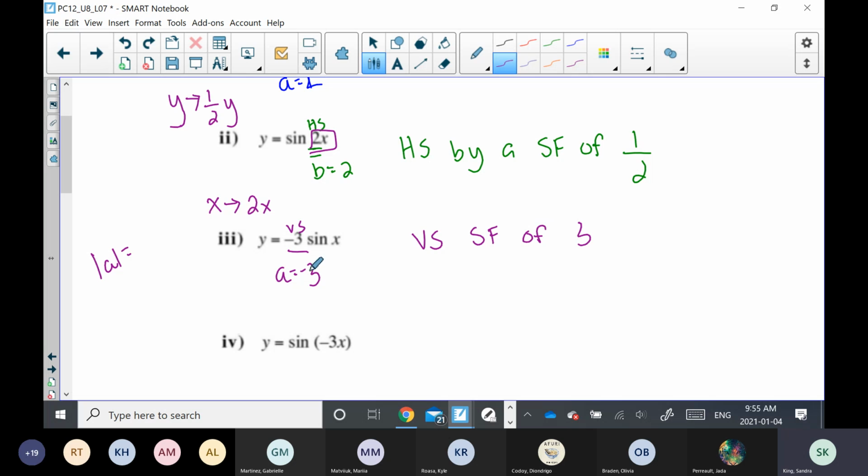And then what does this negative mean? When you have a negative for your a, the replacement is y goes to negative y. So that is a vertical reflection. A vertical reflection about which axis? The x-axis.